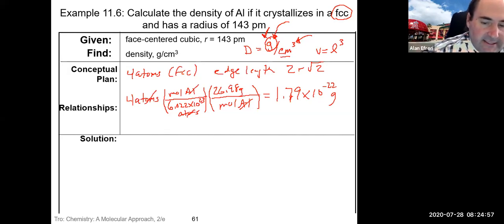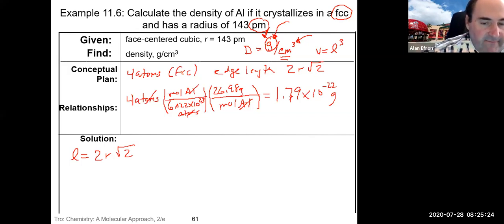So to get the centimeters cubed part, we do need to do a few conversions. First off, unit-wise, this is the radius. So the length equals, in this case, 2 times r square root of 2. And I personally want to eventually get to centimeters cubed.